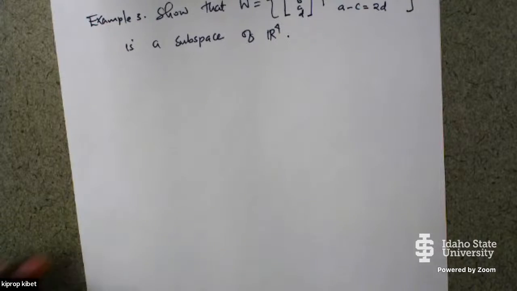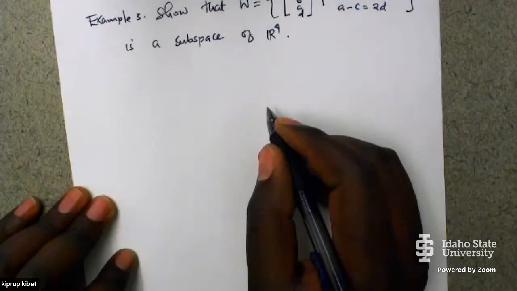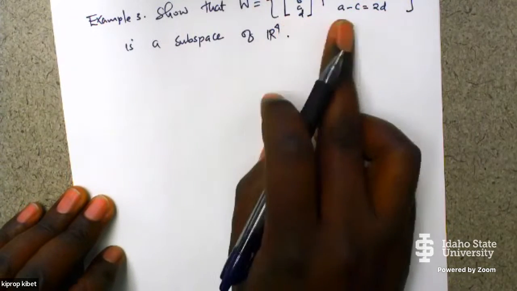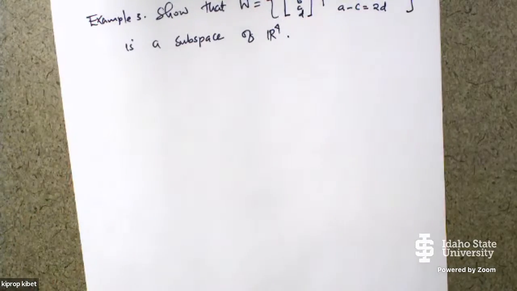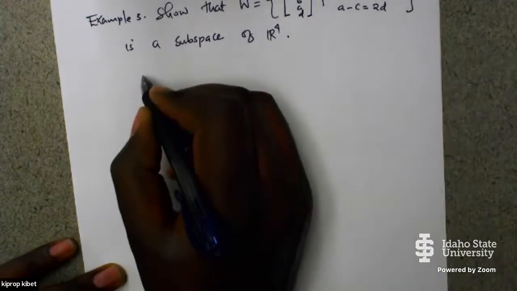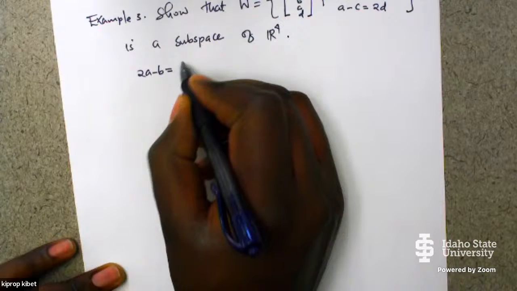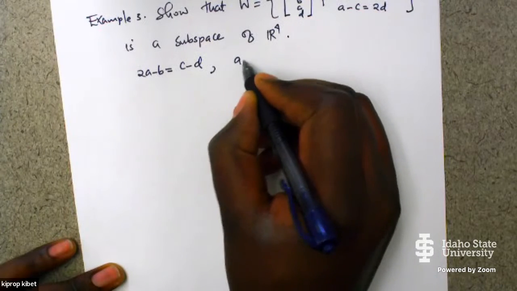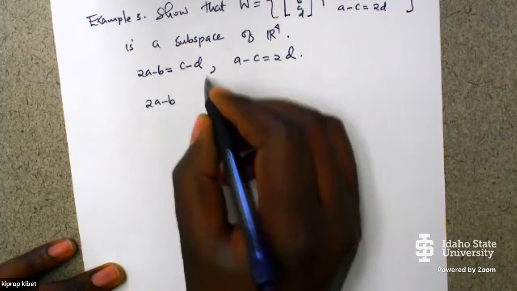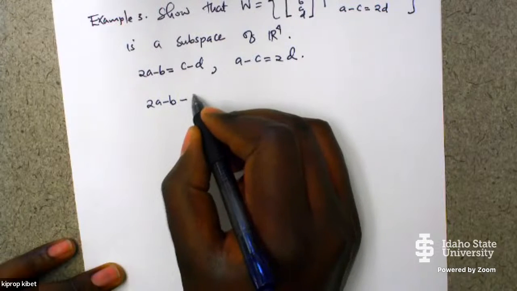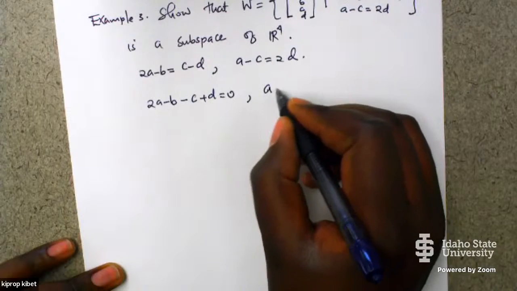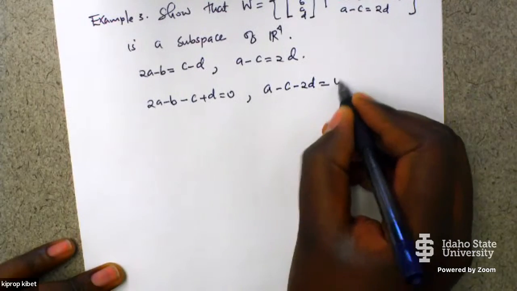So as you can see from there, this W here is actually the solution of a homogeneous linear system. Therefore, 2A minus B equals C minus D, and A minus C equals 2D, can be written in the form 2A minus B, bringing this one to this side, minus C plus D equals 0. And this one is A minus C minus 2D equals 0.